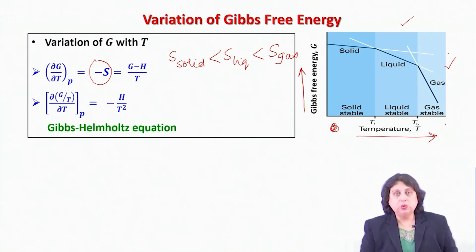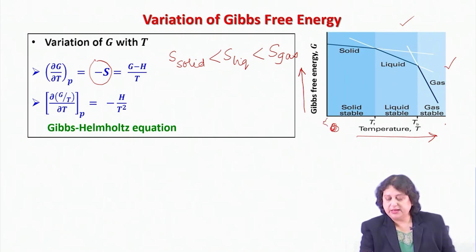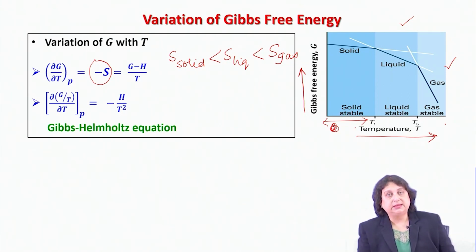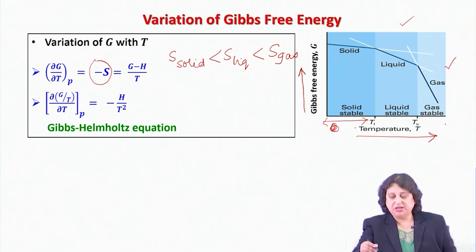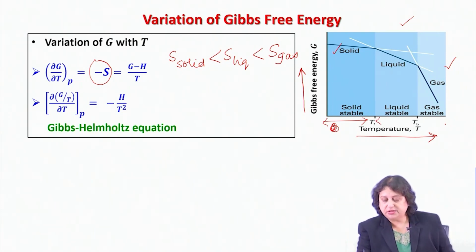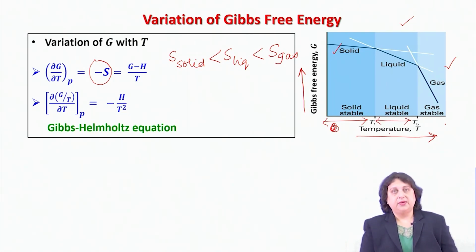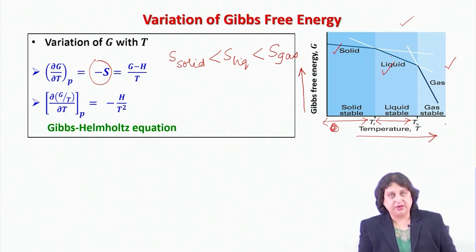Now if I look at the low temperature range up to the melting temperature, what do I get? I find that the substance has the lowest Gibbs free energy in its solid state. In the intermediate range, where I am at a temperature between the freezing temperature or the melting temperature and the boiling temperature, it is the liquid that is having the minimum Gibbs free energy.